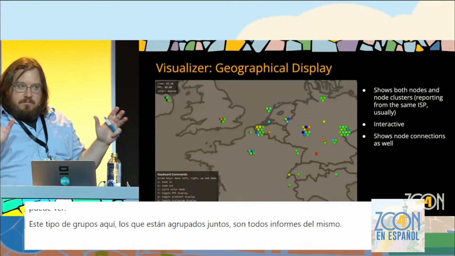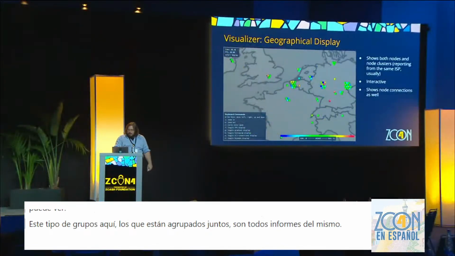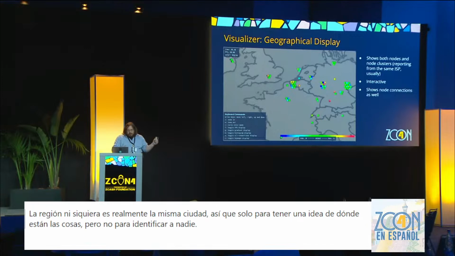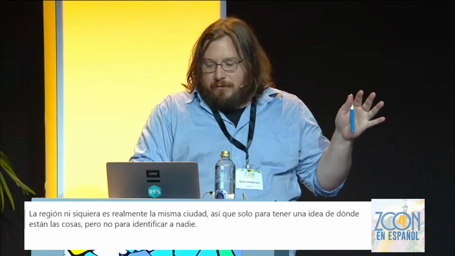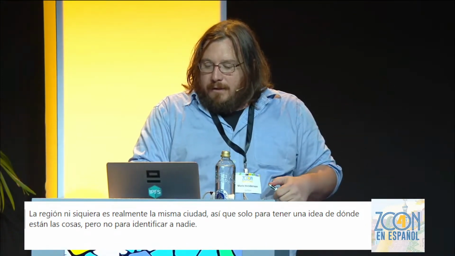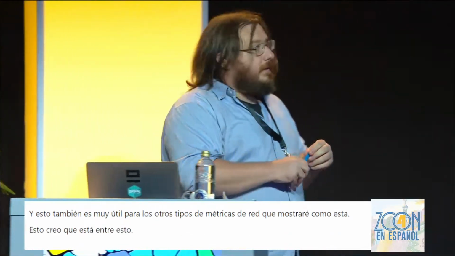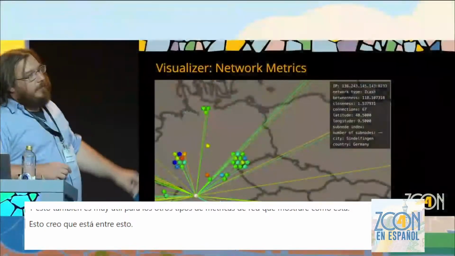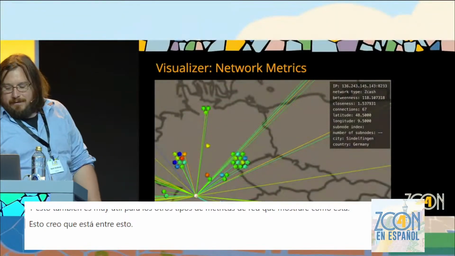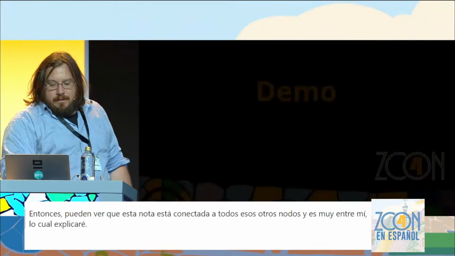So just to get a sense of where things are, but not to identify anybody. And this is also really useful for the other types of network metrics that I'll show, like this one. This, I believe, is betweenness. So you can see this node is connected to all those other nodes, and it's very betweeny, which I'll explain shortly. Let's take a look at that.